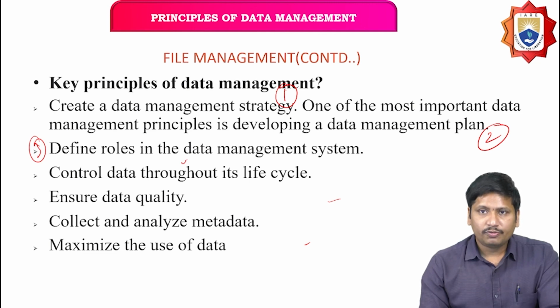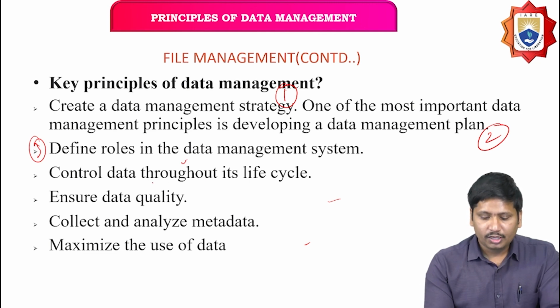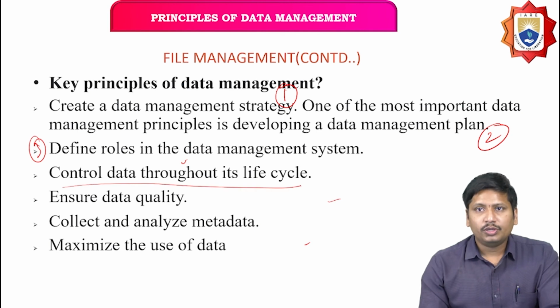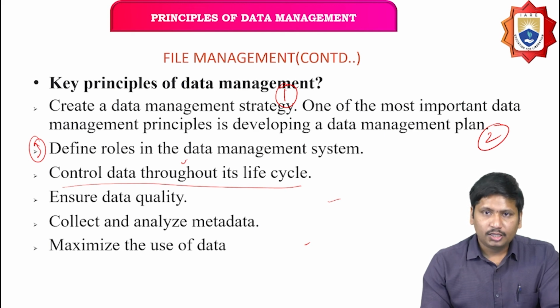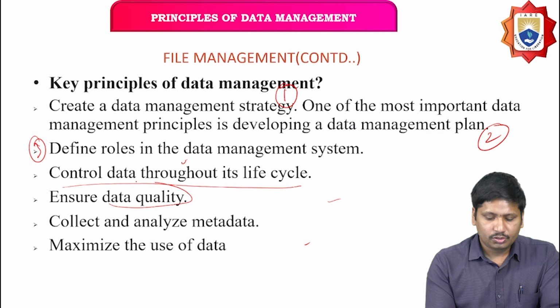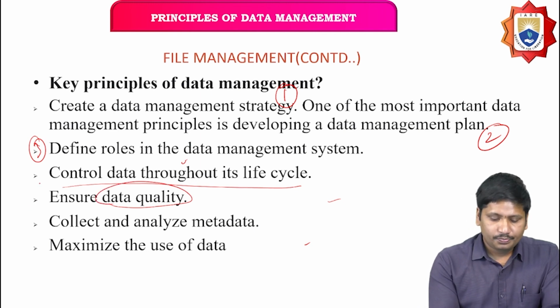Once the roles are defined, then we have to identify how the data is going to be controlled in its life cycle. Since the life cycle has different phases, we have to consider all the data, whether it is properly coming in all the phases or not, and then ensure data quality. Data quality is the fifth one.